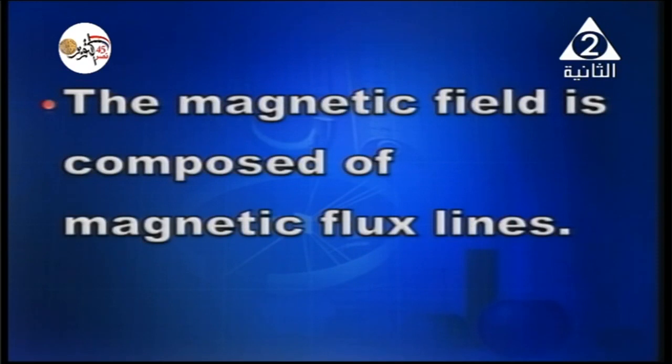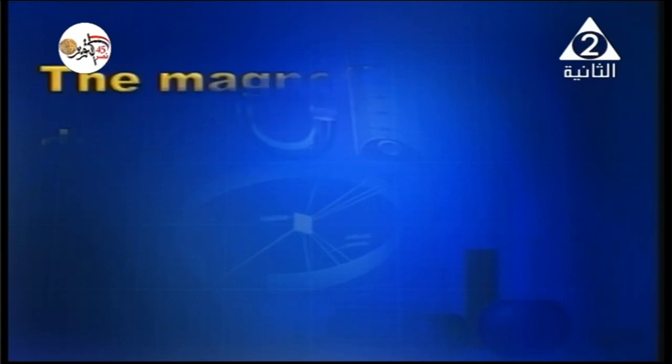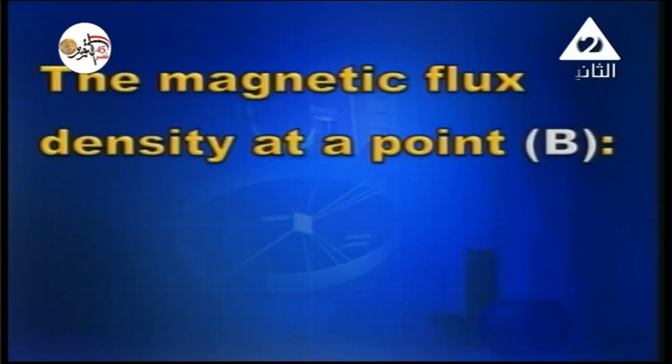The magnetic field is composed of magnetic flux lines. Magnetic flux density at a point is denoted by capital B, and we want to give it a definition.